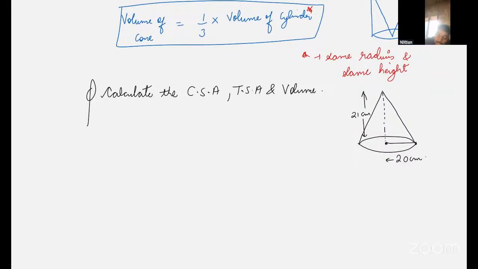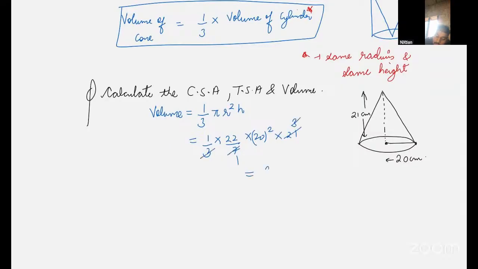Okay. So now, first of all, we have to find the volume. Volume is basically 1 by 3 pi r square h. So pi value is 22 by 7, r is 20 square, into h is 21. 7 ones are 7, 3 ones are 3.